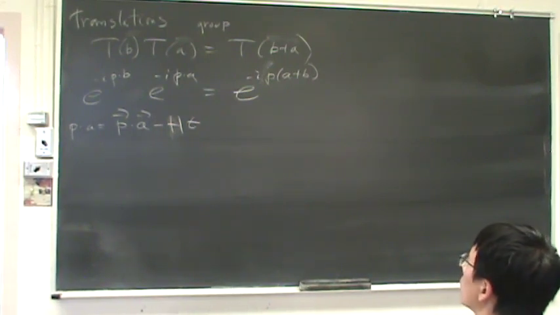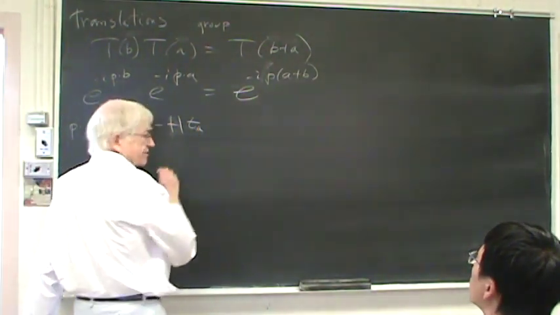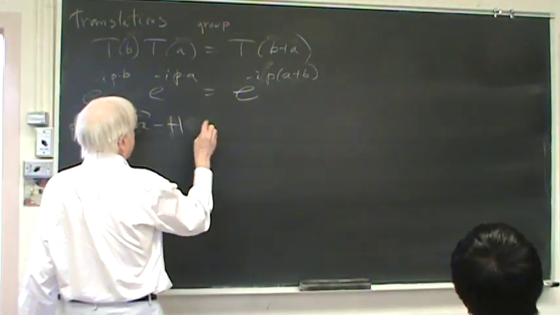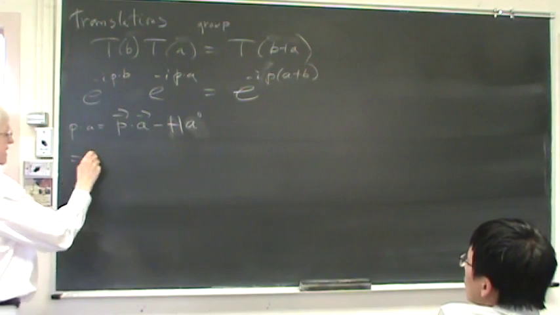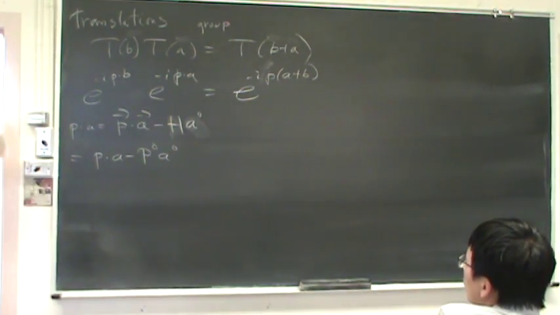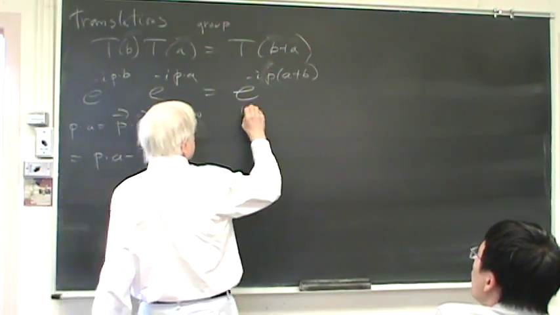Again, c equals 1. Or a0. Equivalently, p dot a minus p0 h. Okay, anyway, the point is these are unitary operators.